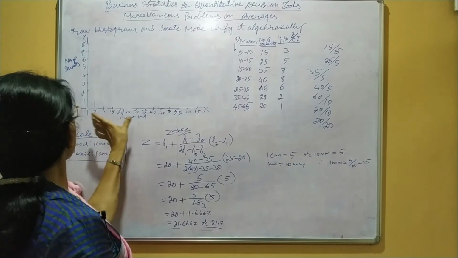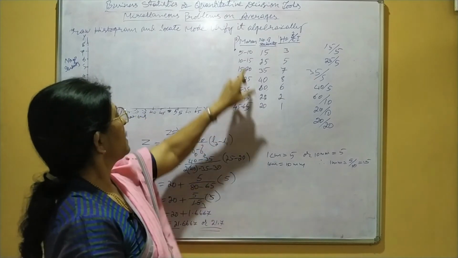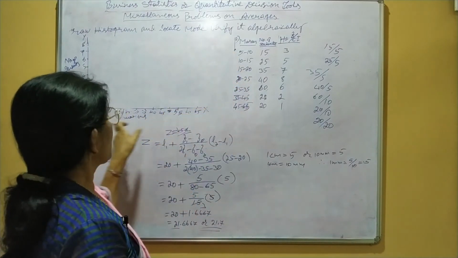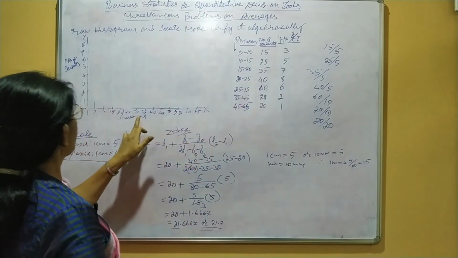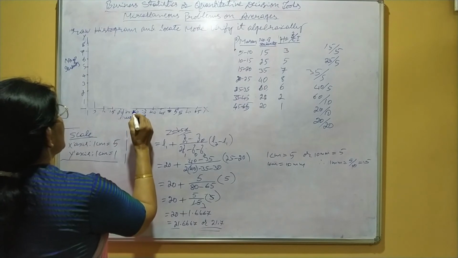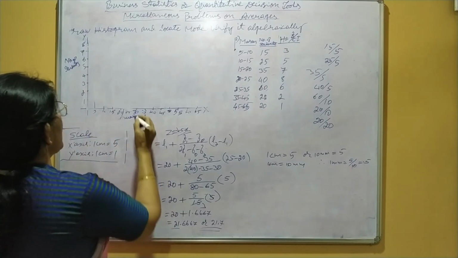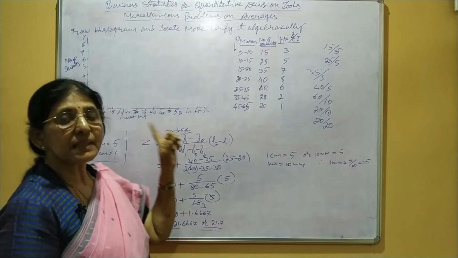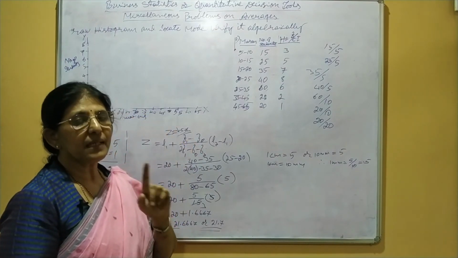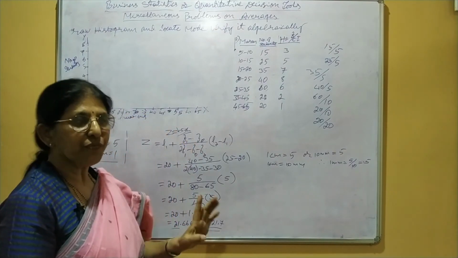In case of x-axis, here 5 to 25 class interval is 5. Here 25 to 35, we cannot take after 25 because the scale for x-axis is 1 centimeter equals 5.